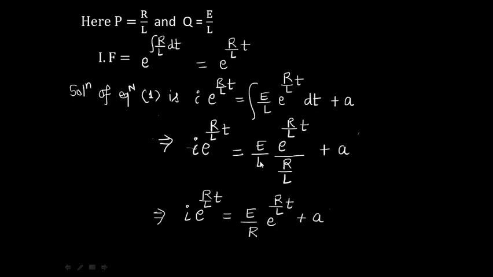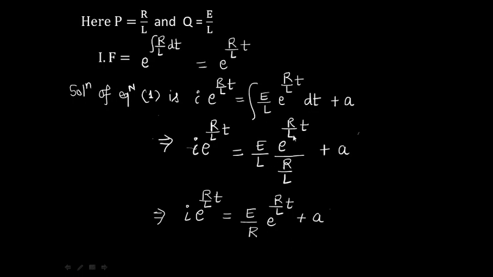Now let's simplify. E/L being a constant term, take it outside. The integration of e raised to the power (R/L)t is just like e raised to the power at. The integration of e raised to the power at is e raised to the power at upon a.